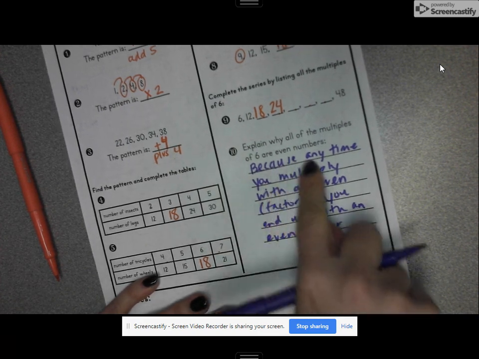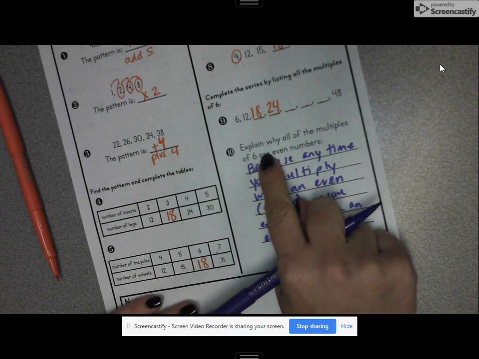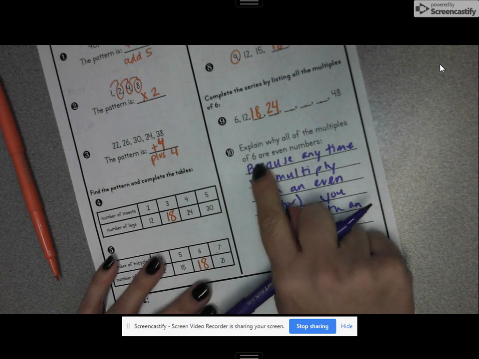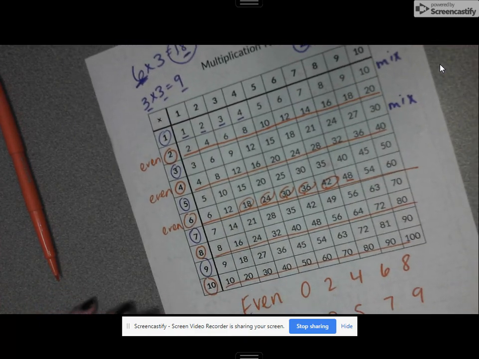And again, they can use their chart. So whenever they're explaining why some multiples are even, or why there's a mix of even and odd multiples, they'll be able to use the chart to help them use those patterns.